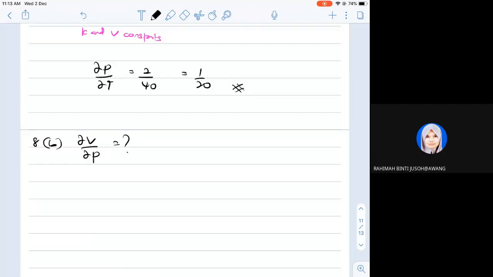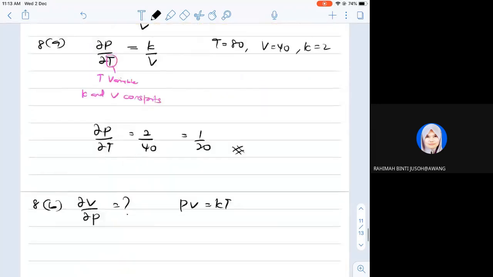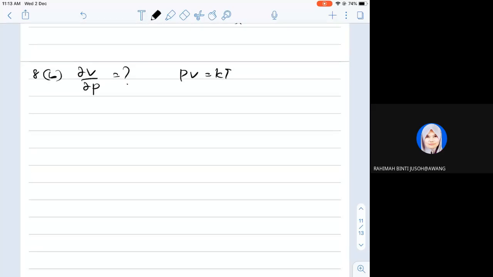Okay, since V is the subject, so we need to rearrange. The original equation is PV equals to KT, isn't it? So right now, since V is the subject, we need to rearrange the equation. So we have V equals to KT over P. Okay, so KT over P, all right.